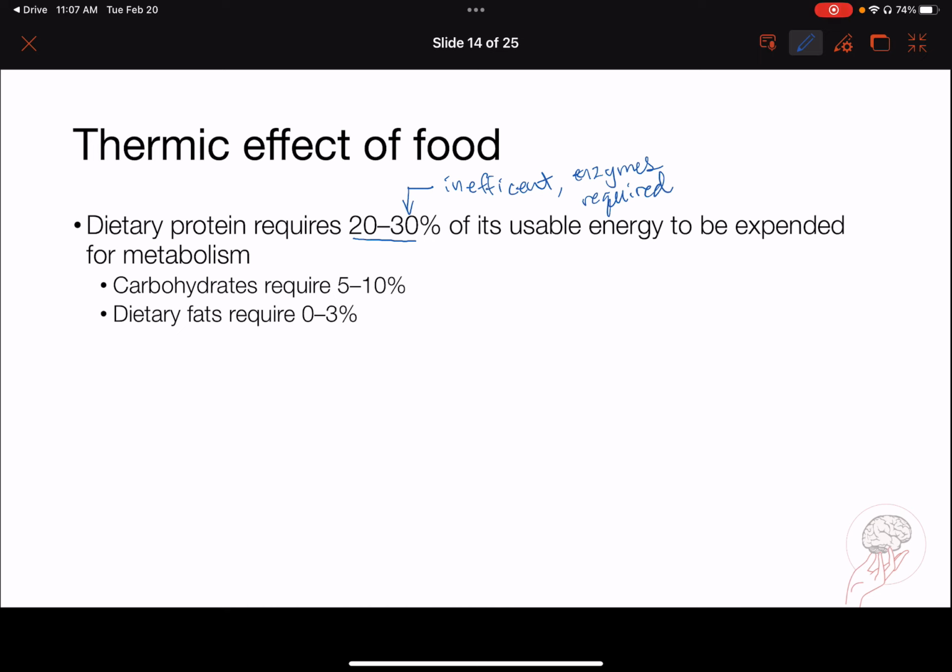On the other hand, carbohydrates require 5 to 10%, and dietary fats, these are easy. These are highly efficient. And they require 0 to 3% of their own energy to be metabolized. So putting on fat and eating fat is very efficient.